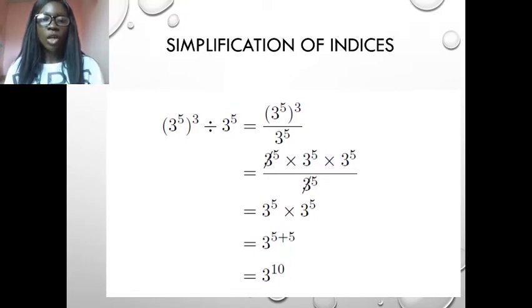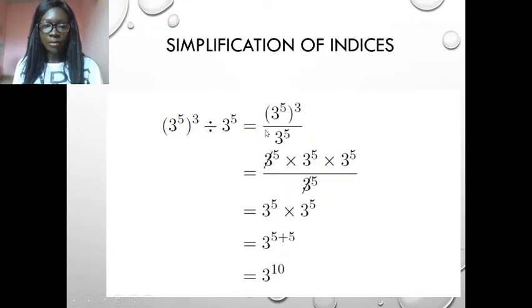Now this is a further simplification. It's still the same thing. Now here I have 3 to the power of 5 all cubed, like what we did in the last example. But now I'm dividing it by 3 to the power of 5. Okay, so here I will just write it here, 3 to the power of 5 all cubed.